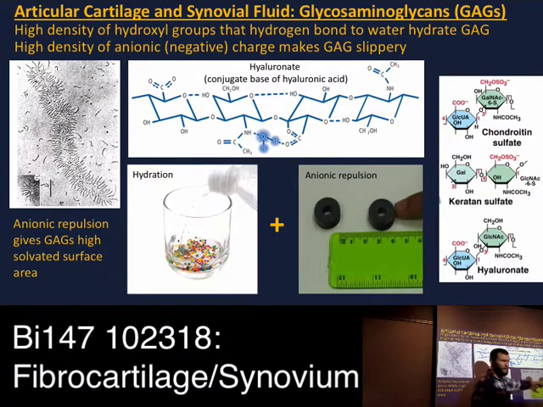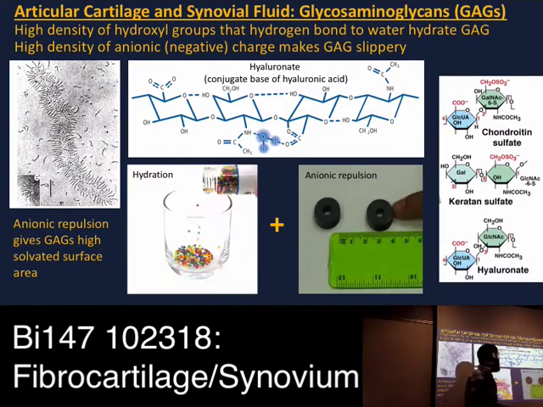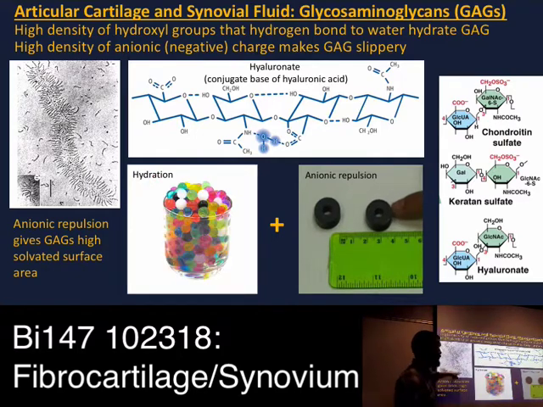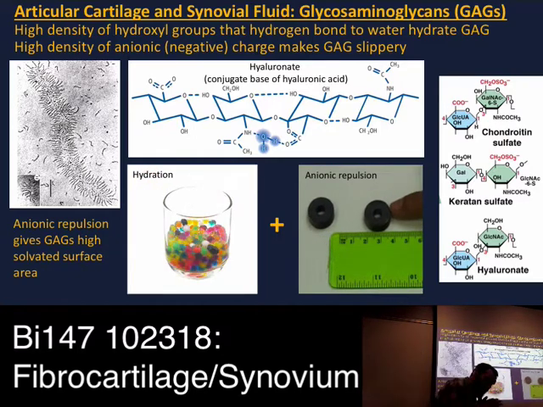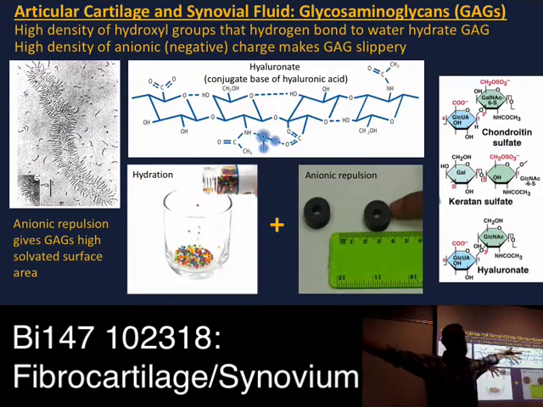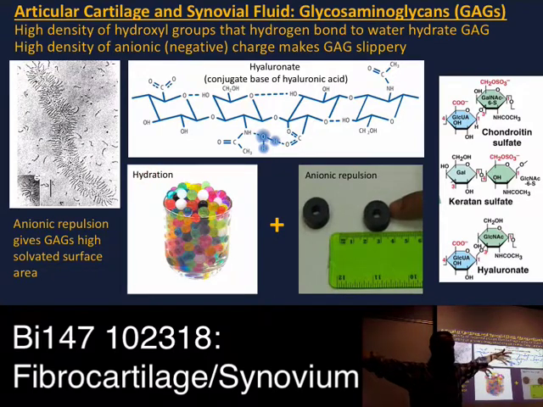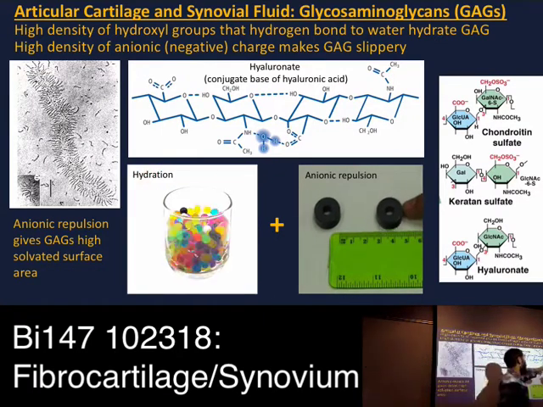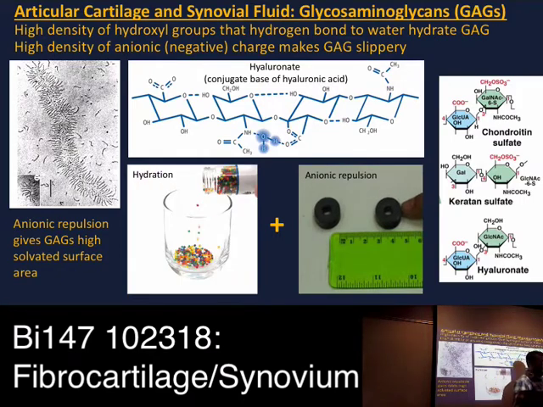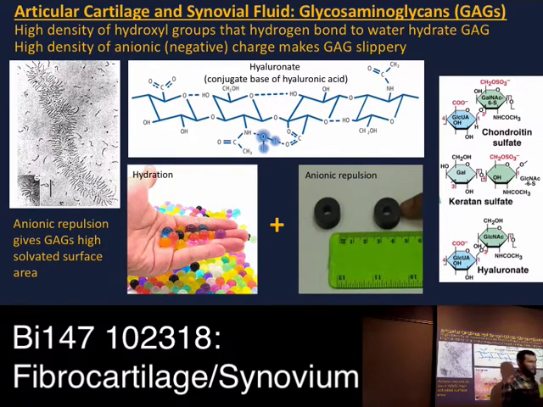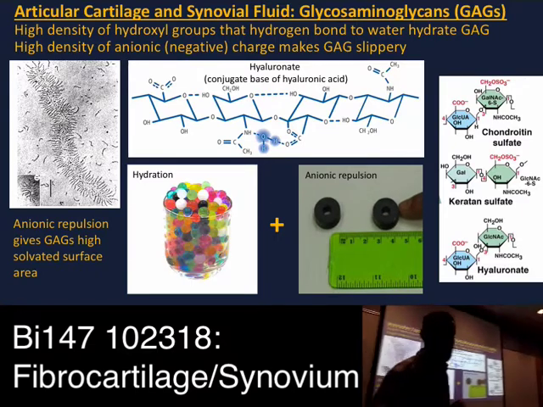Here are two negative magnets that are pushing each other away. When you have this big branch structure, it doesn't collapse down onto itself. It fluffs itself up nice and big, so it keeps all the negative charges away from one another.